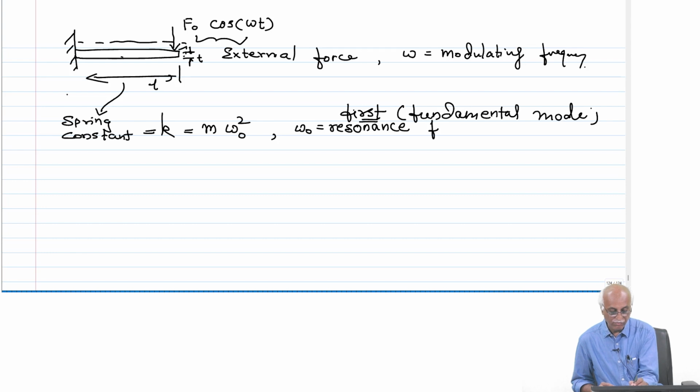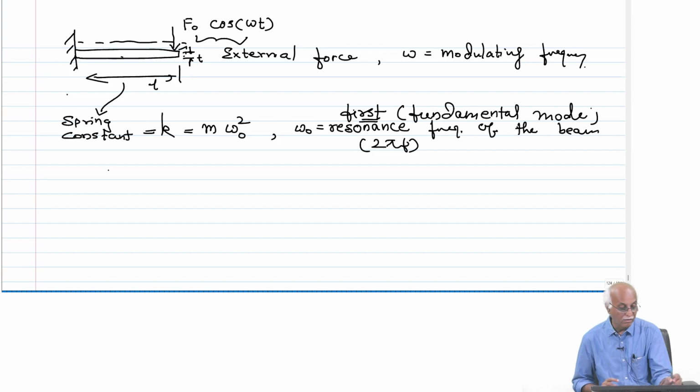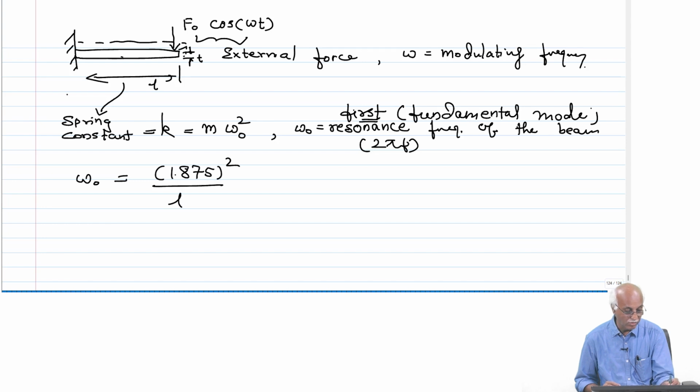The resonance frequency is of course 2 pi f, it is the angular frequency of the cantilever beam. If you do the calculation, which we are not doing in this case, it is available elsewhere.